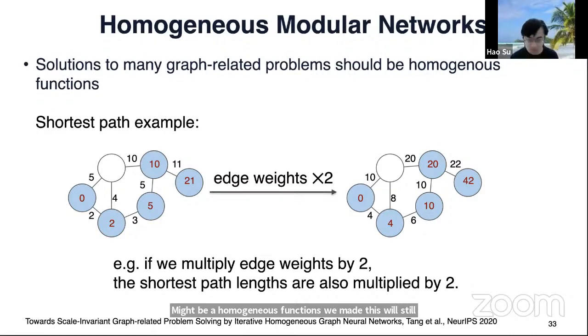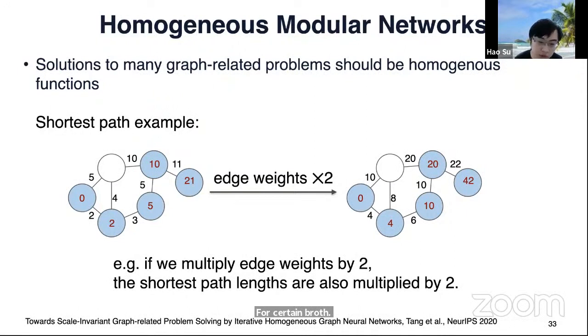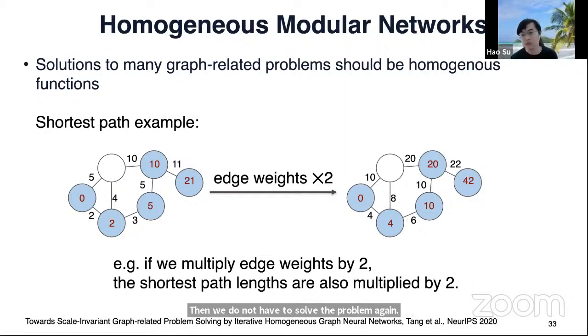Suppose that we are able to solve the problem for a certain graph. If we double the edge weights of the graph, then we do not have to solve the problem again. We will just use the same routing strategy, and the shortest path between any two nodes is just doubled.